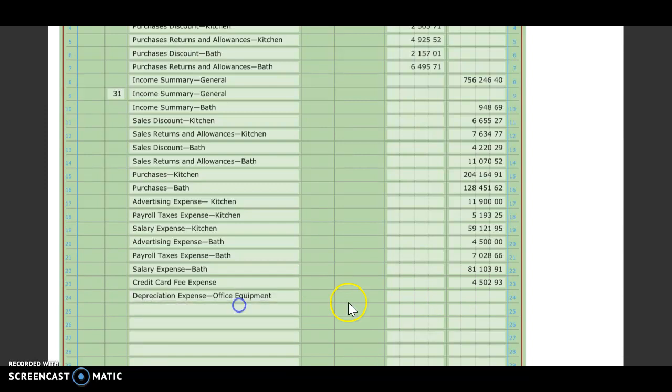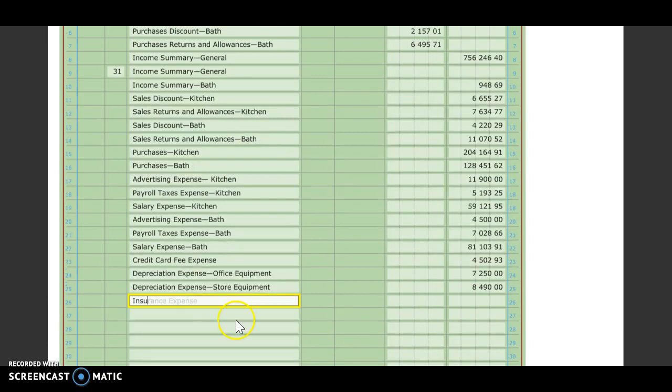Depreciation expense office equipment, $7,250. Depreciation expense store equipment, $8,490. Insurance expense, $15,500.